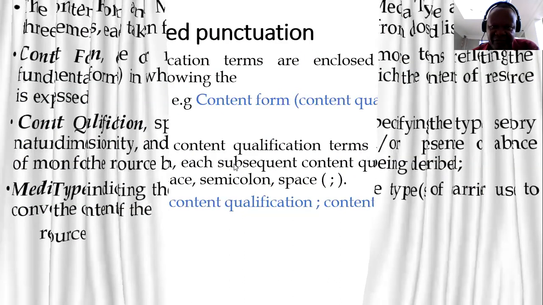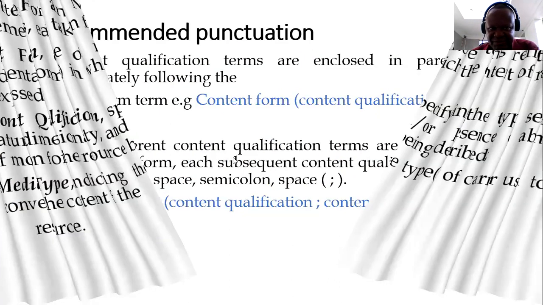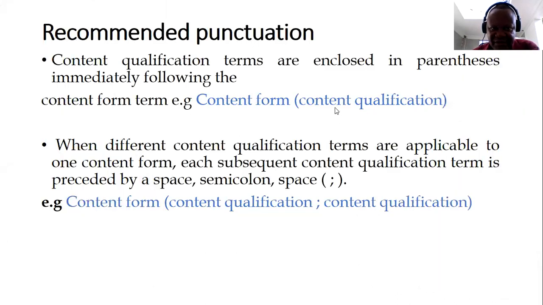Then we have punctuations that we use, and these are standard, the recommended punctuation. For instance, content qualification terms are enclosed in parentheses immediately following the content form term. For example, if this was the content form, we would give it, for instance, the term text. If there was content qualification, then we would enclose the content qualification in parentheses.